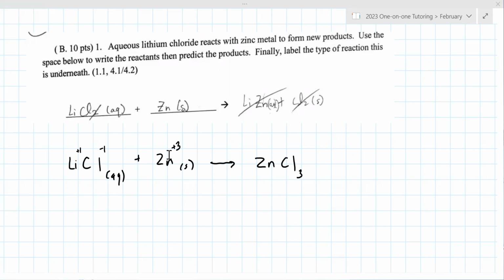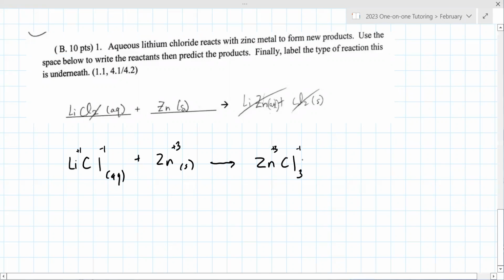But let's just assume for a moment it's +3, because that's sort of where it is. I know they can sometimes take on different charges. So the idea here is that's +3, Cl is -1 times 3. That's how you get that to match up. And then plus the one that's left over, the lithium.